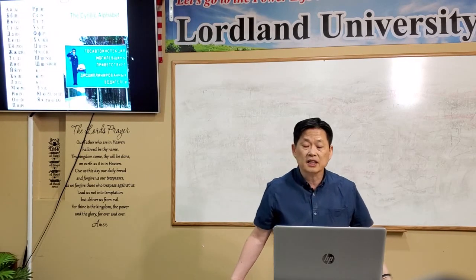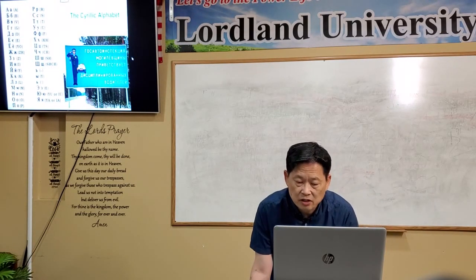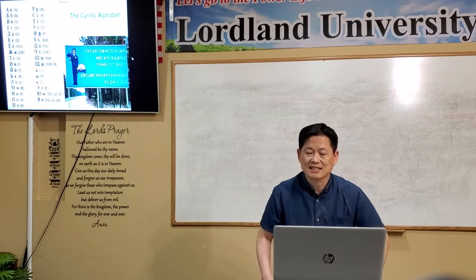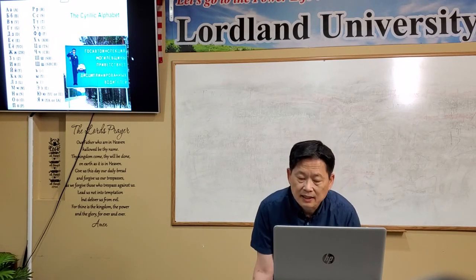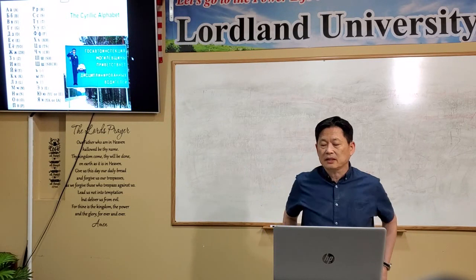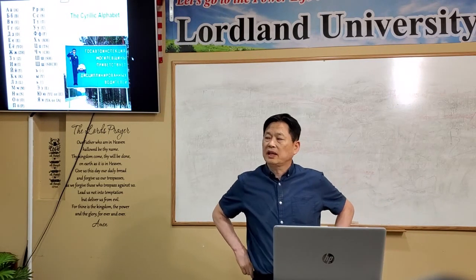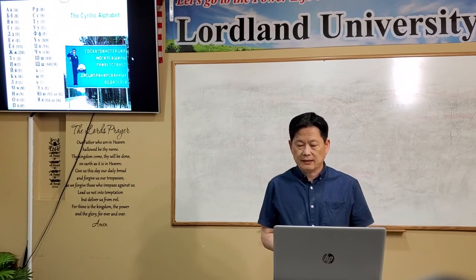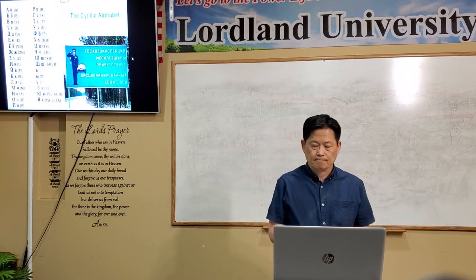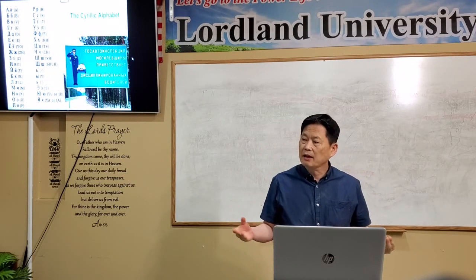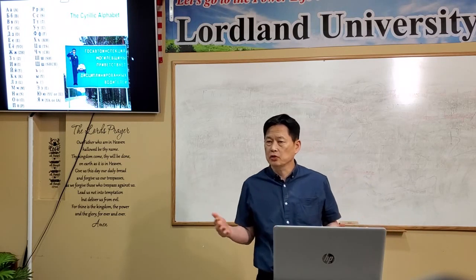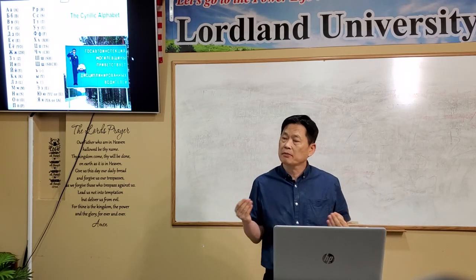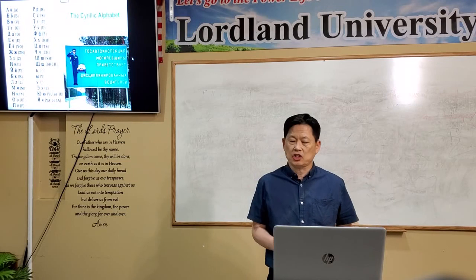Okay, this slide shows the Cyrillic alphabet. This Cyrillic alphabet is used today in Russia. At the time of the establishment of Kievan Rus, the Slavic people had no written language.